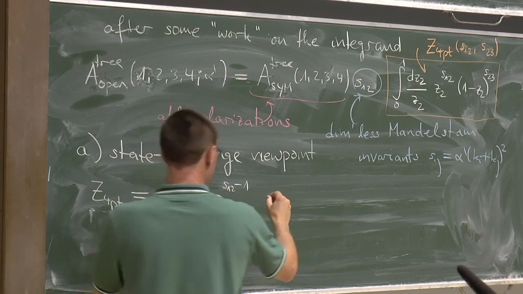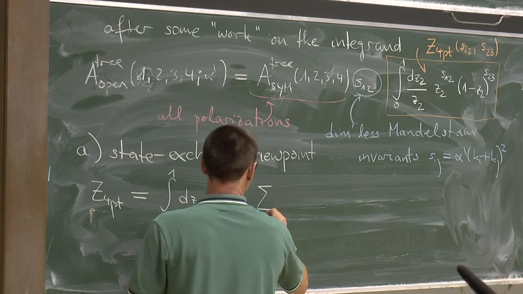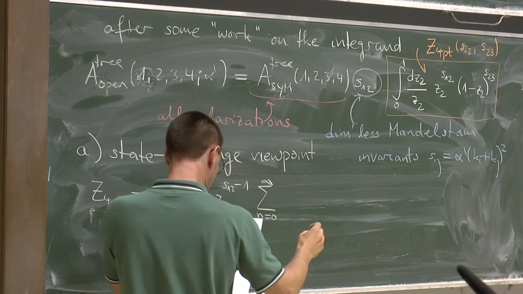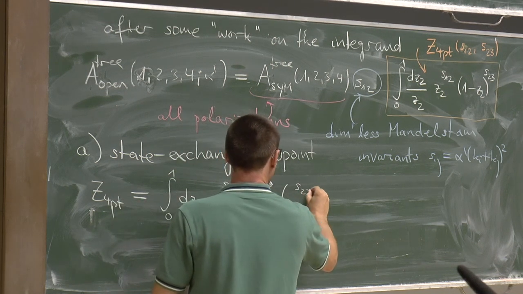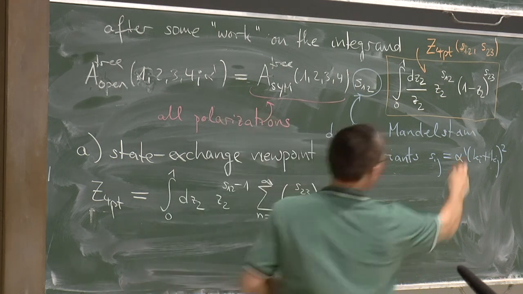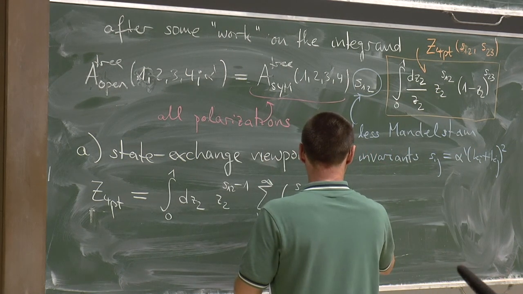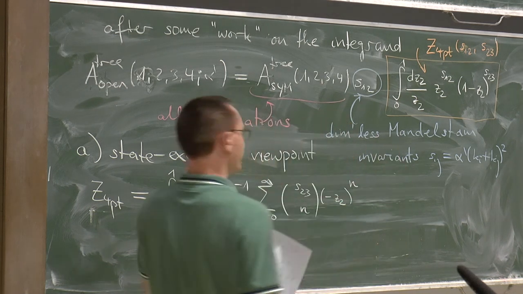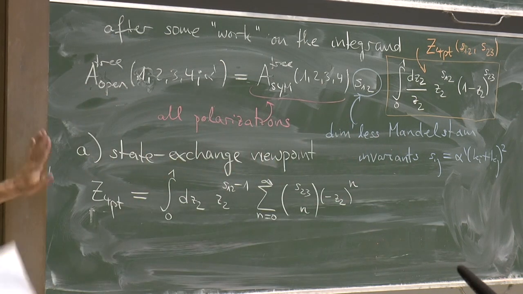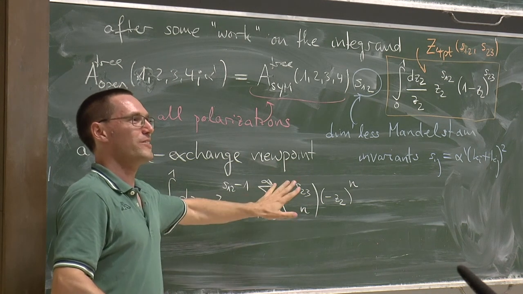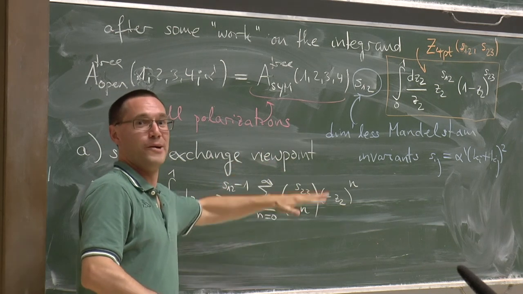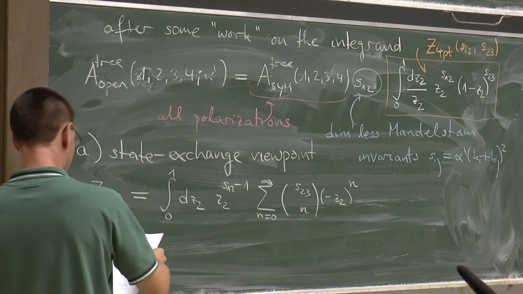So let me offer this representation here, where, whoops, we do a binomial expansion of this (1 minus z2) to the s23. So you get a series of this type. Of course, we cross fingers that the integration commutes with the infinite series. And now we're in a good position to take the primitive term by term in the series over n.